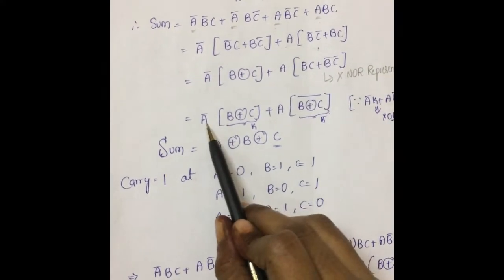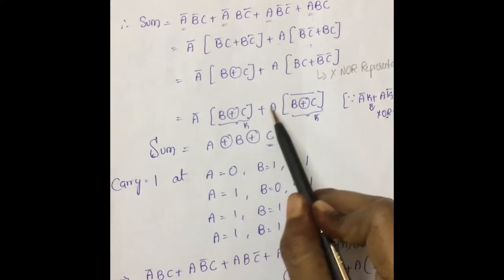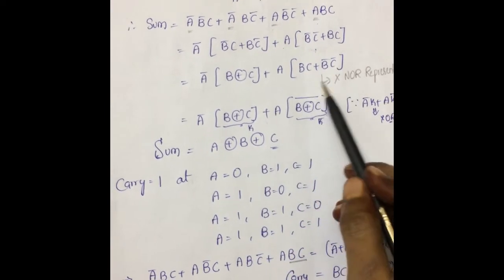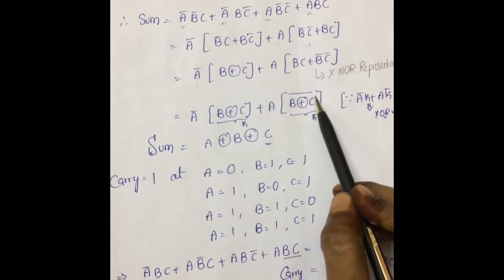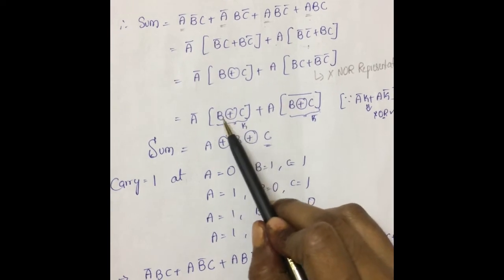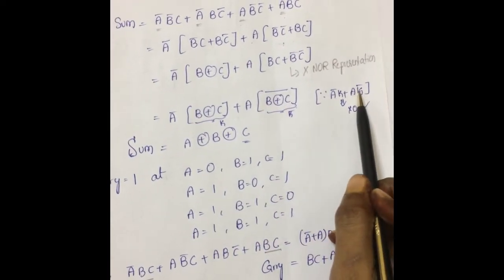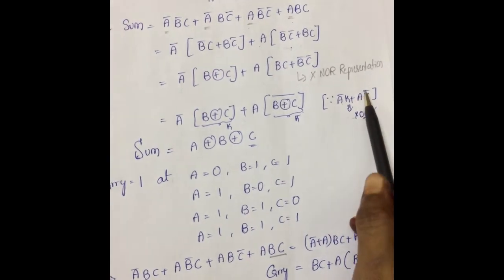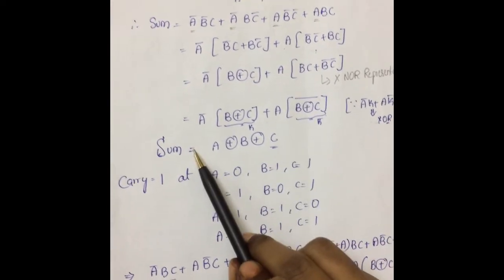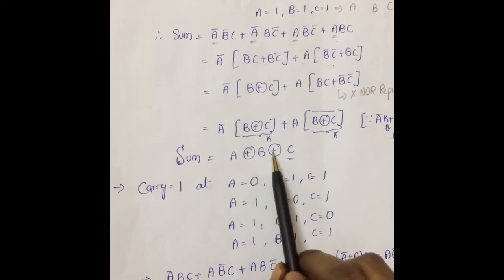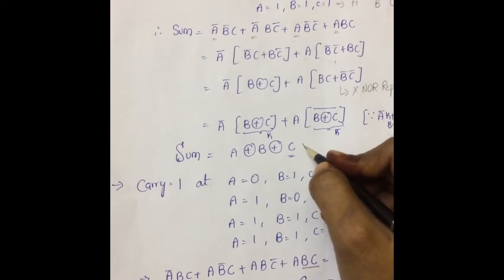So A bar into B XOR C plus A into the complement of B XOR C. If I take this term as K, this will become K bar. So A bar K plus A K bar, this is also entirely representing XOR notation. That's why the sum will become A XOR B XOR C. This is for the full adder.